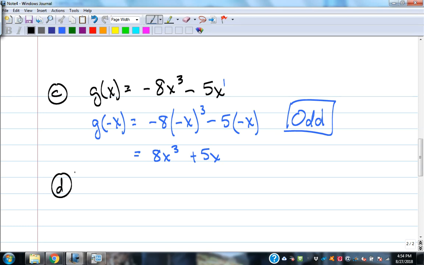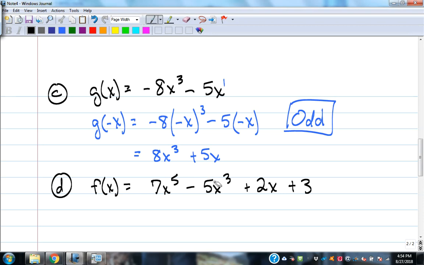Anytime you may have something like this, 7x to the 5th minus 5x to the 3rd plus 2x plus 3. Is that odd, even, or neither? Let's look at the exponents.